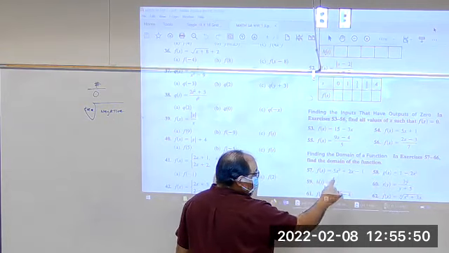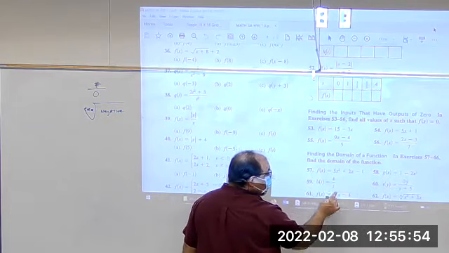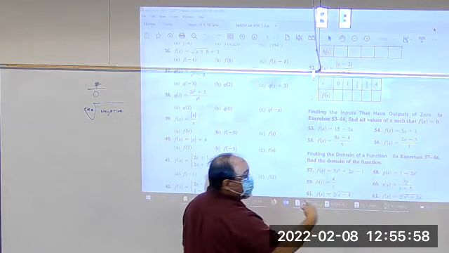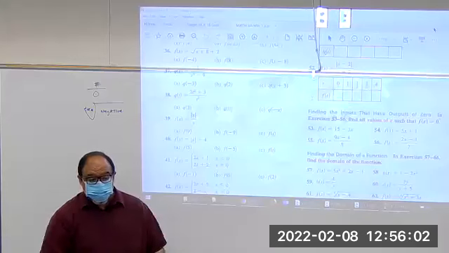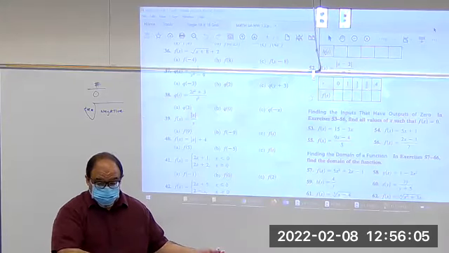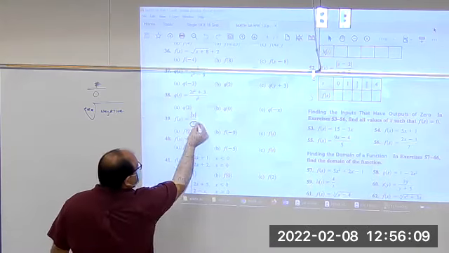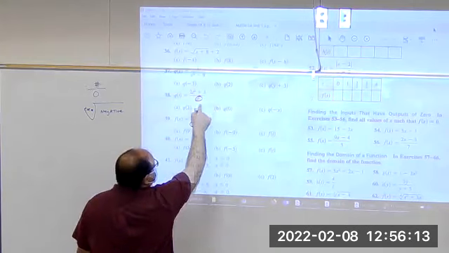Is there any way you're going to get a 0 in the denominator or a negative in the square root if you don't even have denominators or square roots in your function? No. The only way you're going to get a 0 when you plug in an x into a function is when you have a function that has an x down below. Right here, q of t, there's a t down below.